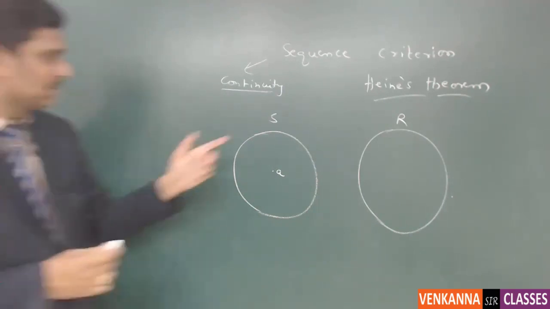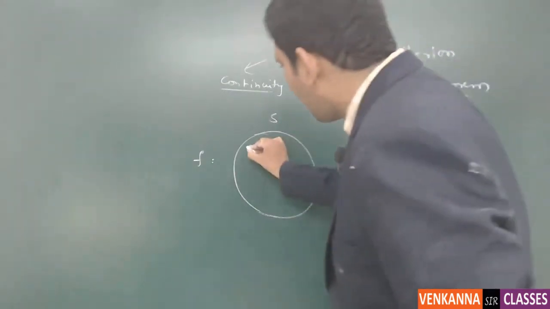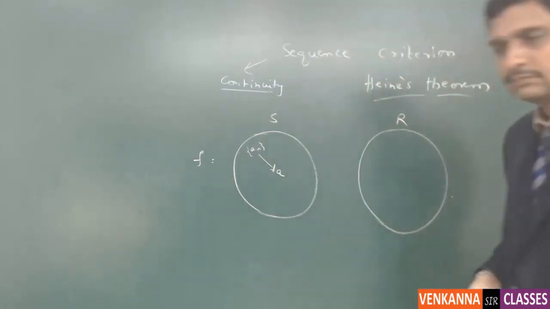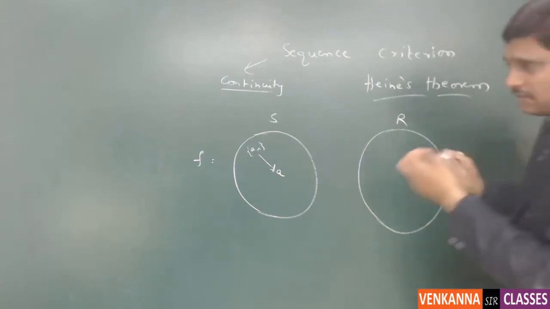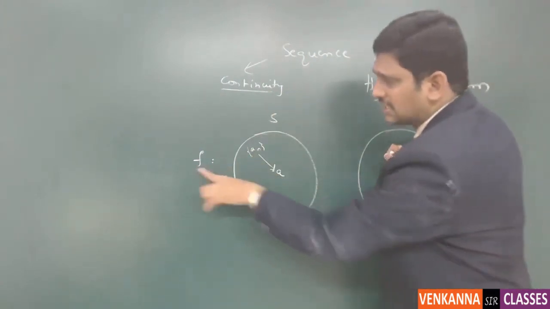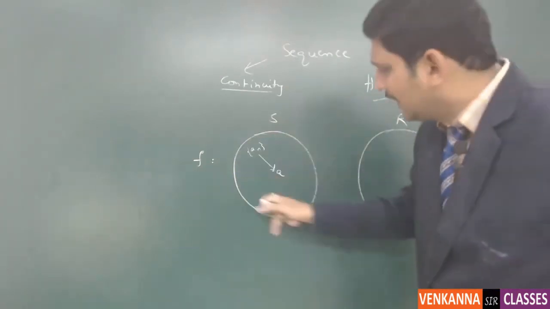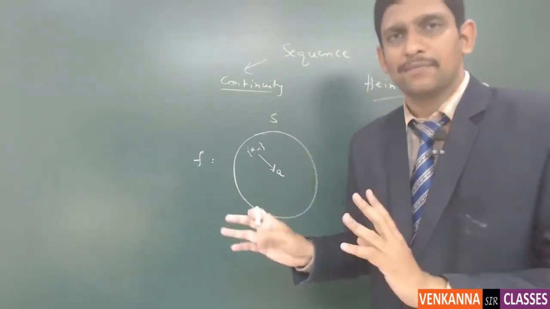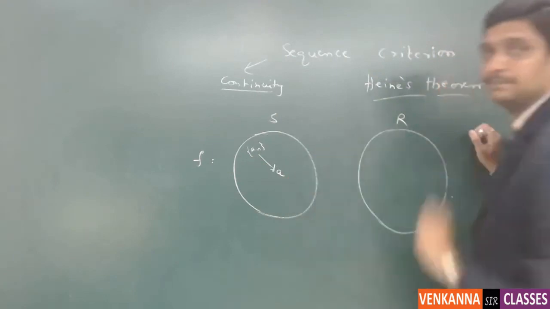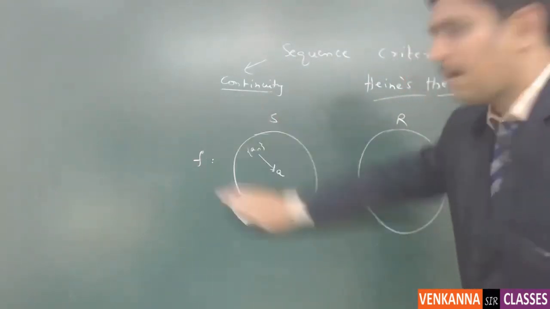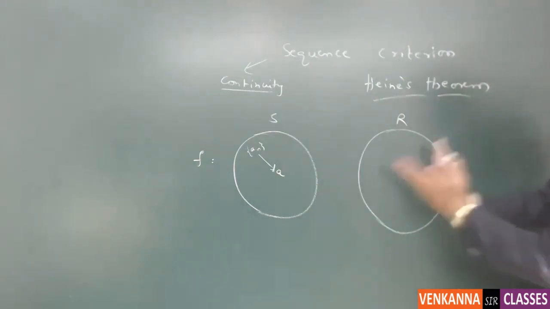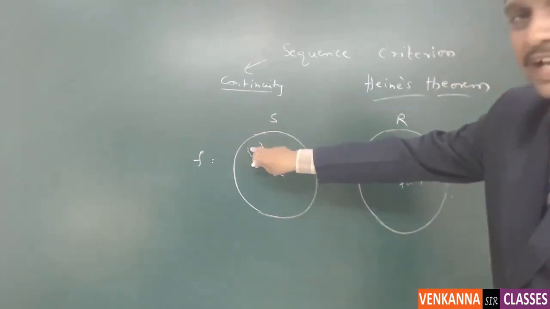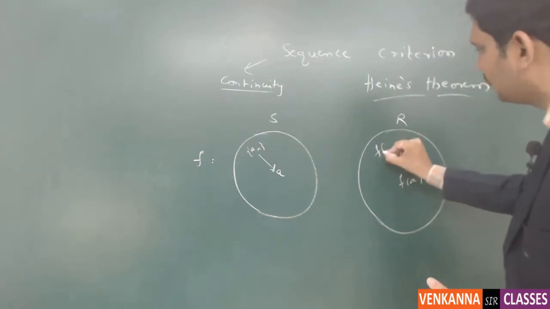It means that in the domain you can find a sequence which is tending to A. The theorem states that if you want to prove that the function is continuous at the point A, in this domain you can consider any sequence that is converging to A. Then for every point the corresponding image will be here, so for A the image will be f of A. For this sequence a_n, you have the corresponding image sequence here, which will be f of a_n.